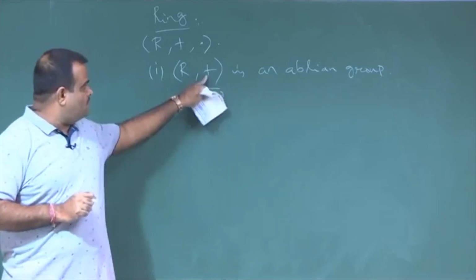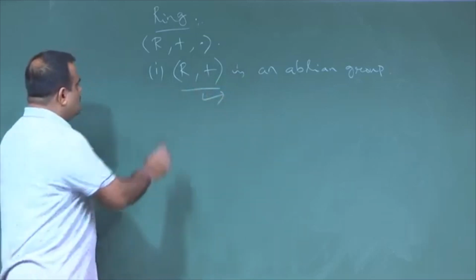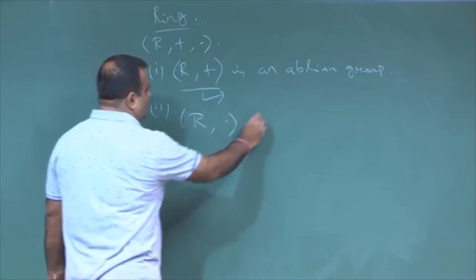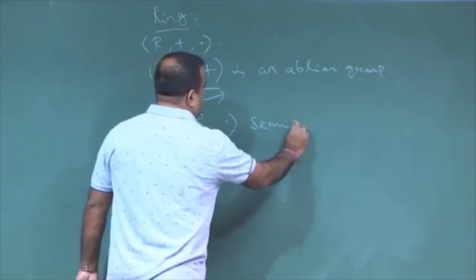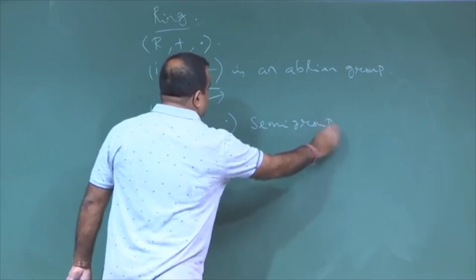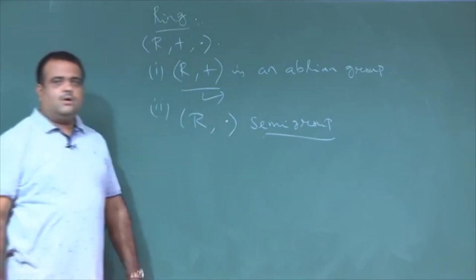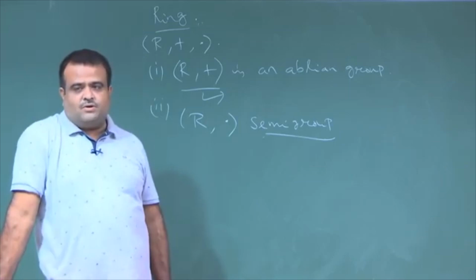This plus is commutative, that is why it is an abelian group. And with dot we need to have a semigroup only. Semigroup means we have only closure and associativity. So then it is a semigroup.